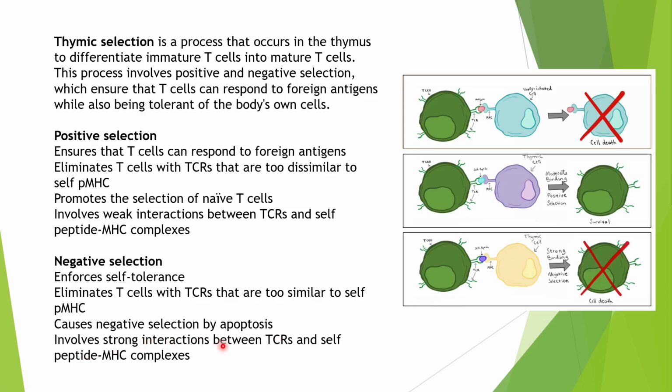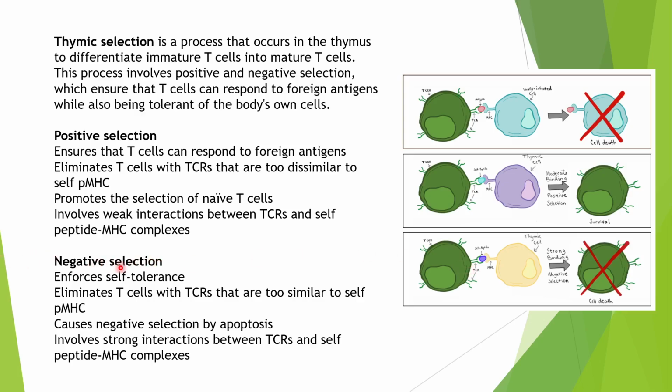Here it involves strong interaction between TCRs and self peptide MHC complexes. So here you can see, here also your T cell is now binding to your thymic cell through your MHC molecules. Now this binding or interaction is very strong, and this can trigger an immune response. Such kind of T cells which can recognize your own cells to trigger an immune response is not required, because if it is there, then your body can't tolerate self cells.